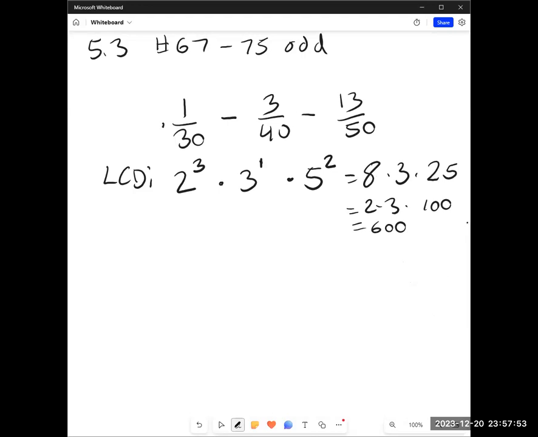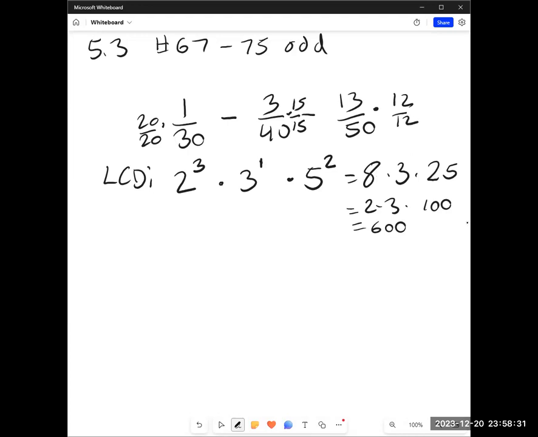So I need to multiply by 20 over 20. Eight times 5 is 40, so I need to multiply by 15 over 15, and then 50 goes into 600 12 times.